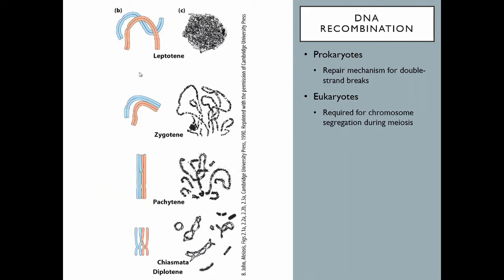And this is actually what it looks like. These are two pairs of chromosomes forming during part of prophase. Once they line up and find their homologous pairs, these Holliday junctions start to form, and you can see them here.